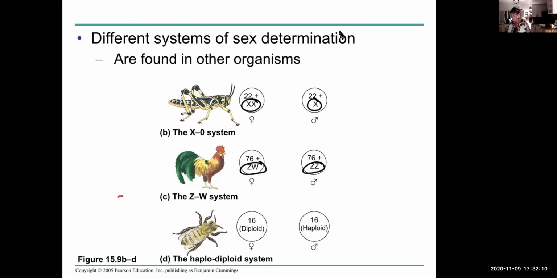In the fruit fly, the females are diploid and the males are haploid. And with some organisms, like some reptiles, whether the offspring become male or female depends on how the temperature has changed for them. So if eggs are buried deeper in sand, for example, they might become males. And if they are not so deep and maybe cooler, they'll become females.